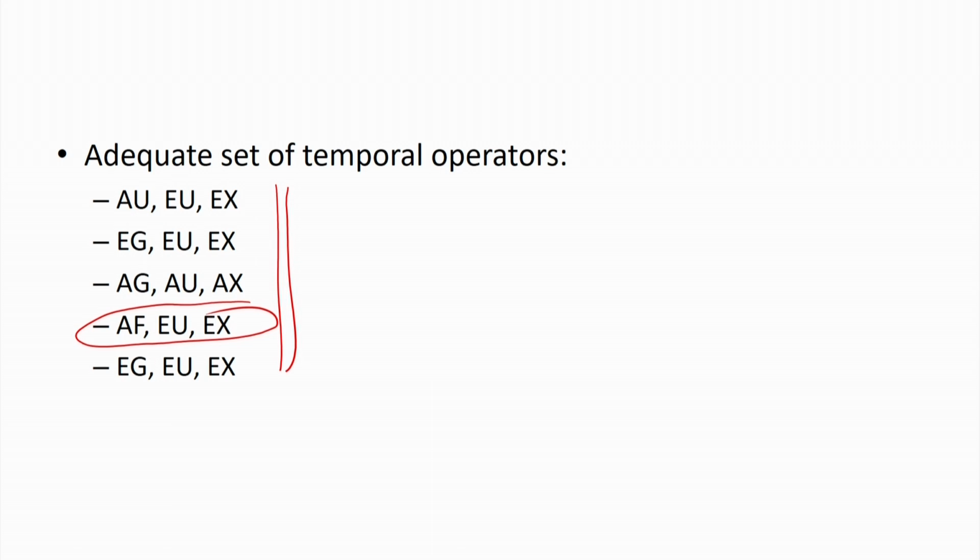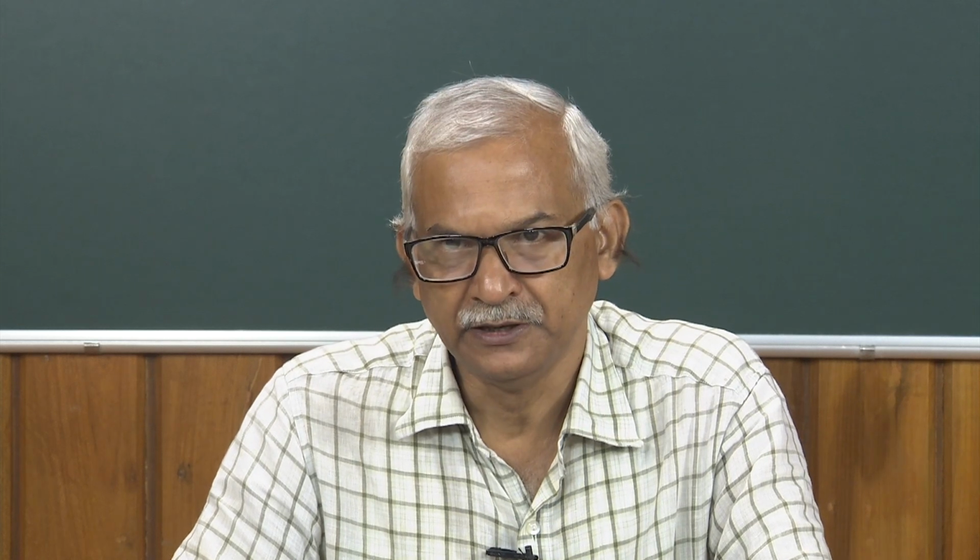So, what we have seen is that we have the operators X, next state, global, F and until. Okay. We have seen that global and F have a relationship. Global basically says in all states along that path, and F says there exists at least one state along that particular path.